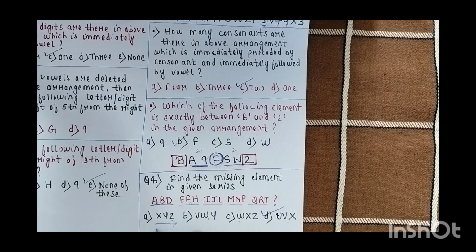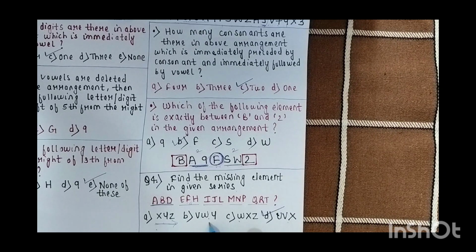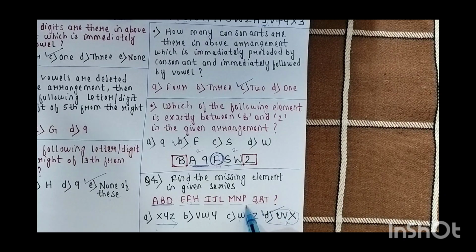Continuously it is there, so this can't be. Okay. Okay. So this is the correct option. You can see U, V, W is missing. After that X comes. Similar to this pattern, correct?